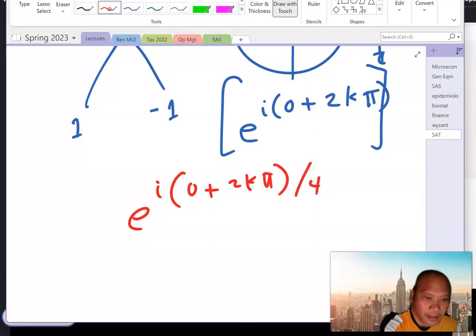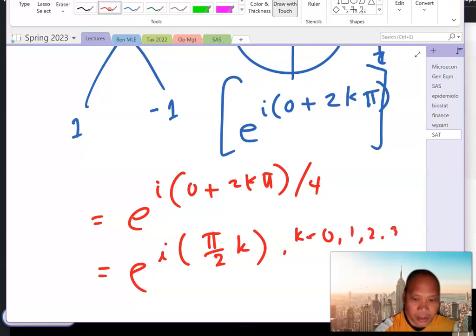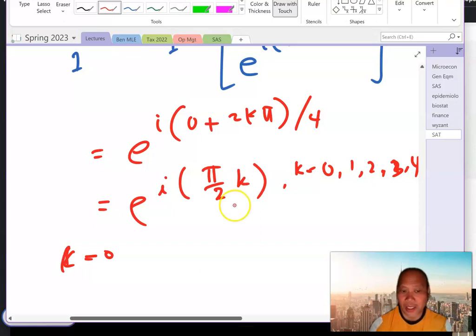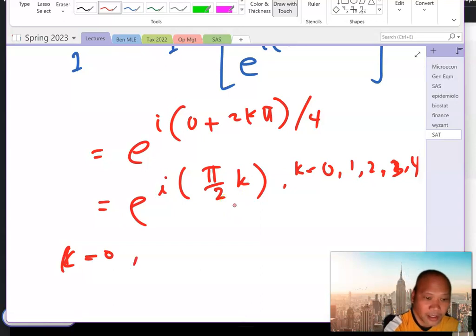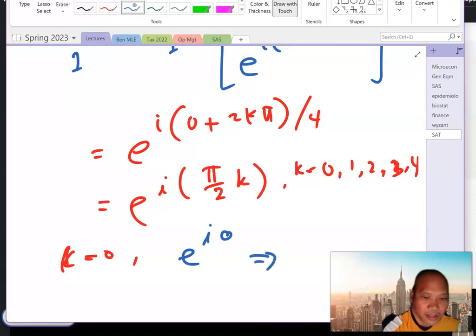So it's going to be pi over 2 times k, where k will be 0, 1, 2, 3, 4, etc. When k is 0, it will be e to the i 0, which is 1.